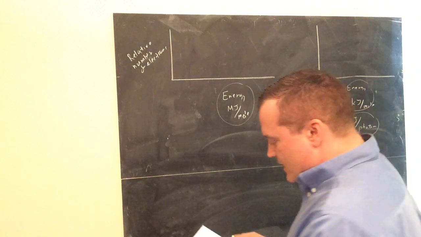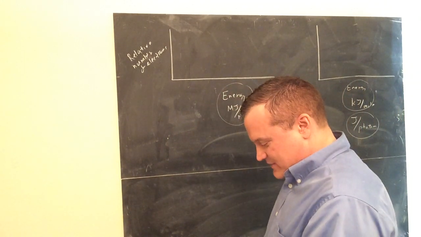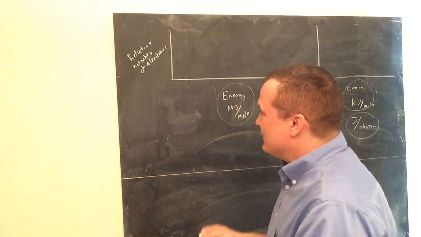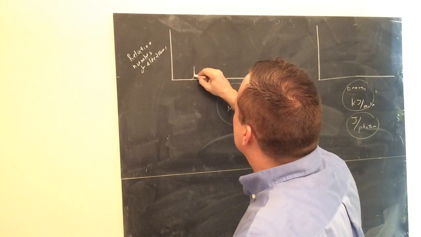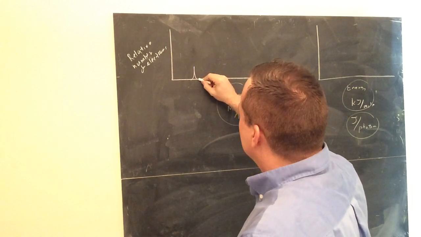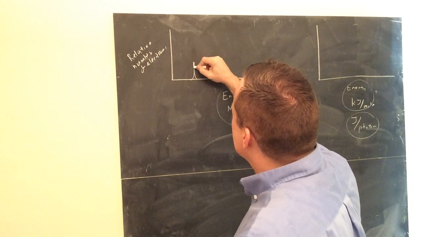Now, I'm going to show you a graph. I'm going to try to make up one different than the ones that are right on your paper. So I'm going to put a little peak of a graph here. Maybe I'll go a little bit higher, up to there.